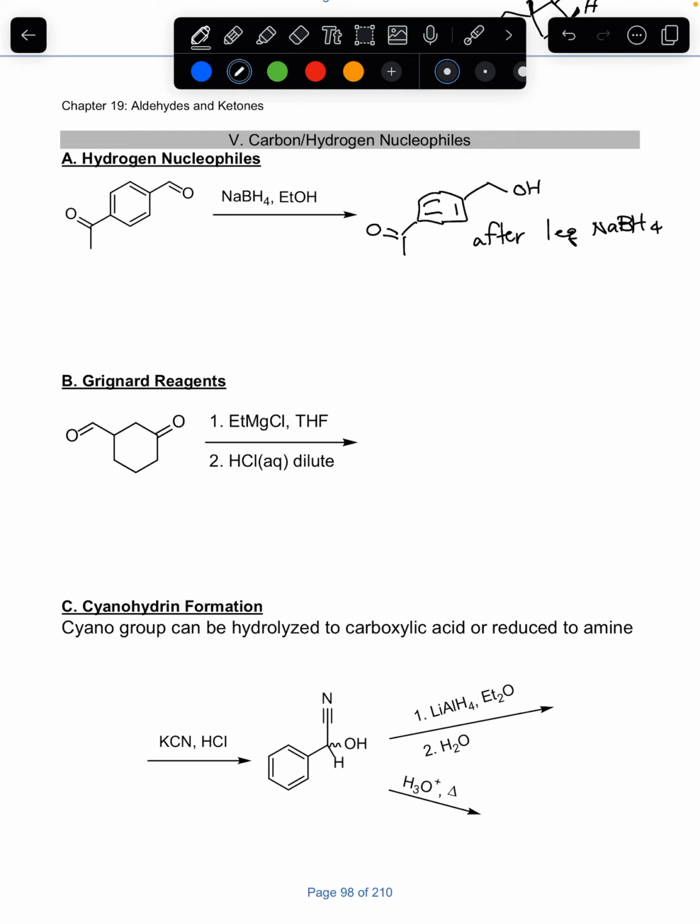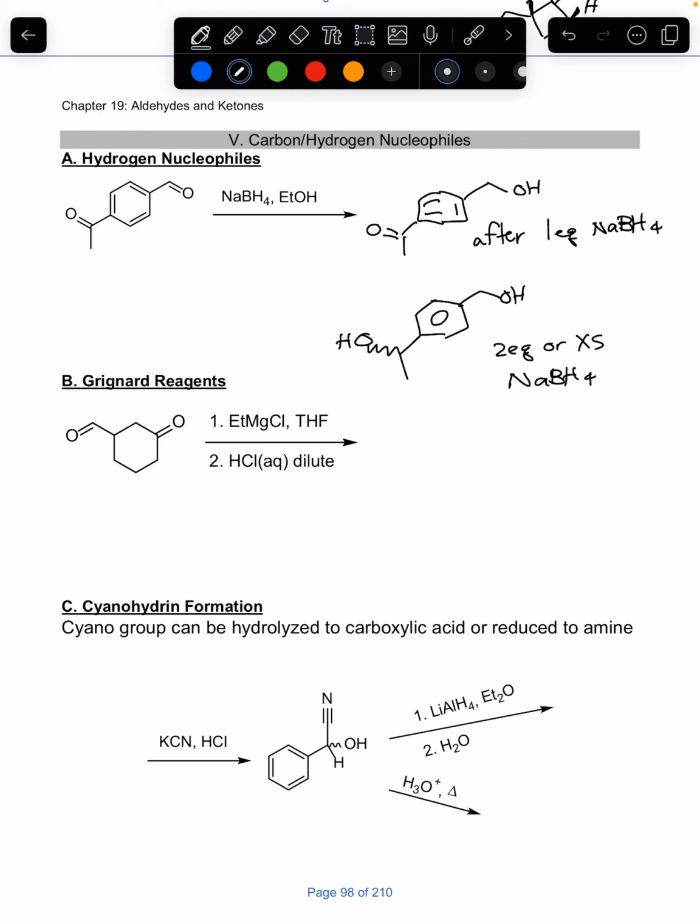Remember, aldehyde is more reactive than ketone, so that's what we would expect. But if you have excess, then both the ketone and the aldehyde would react. So that's what you would expect.